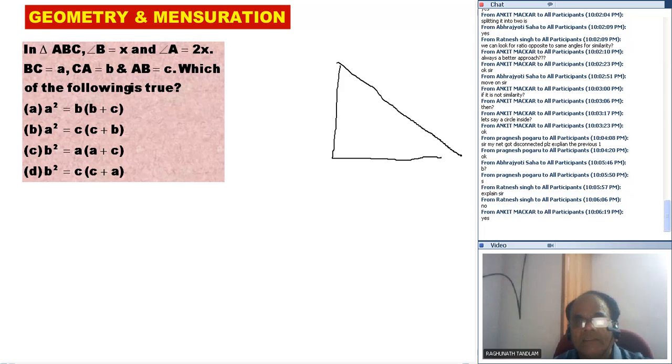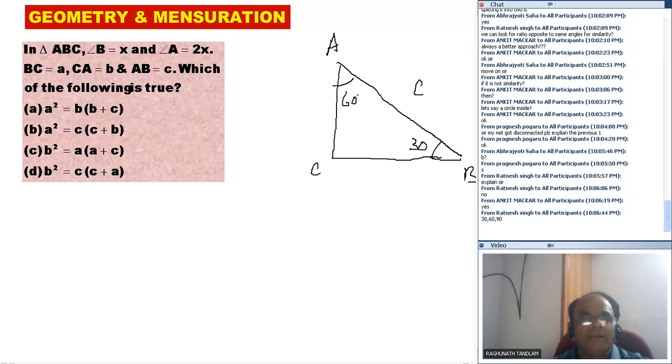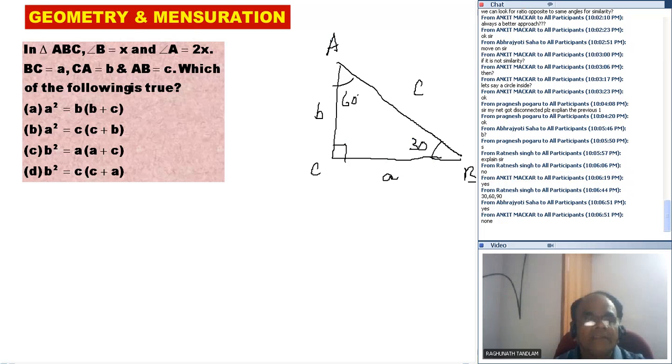This is 30 degrees. This is 60 degrees. This is given as c. BC is given as a. Is it a right angle triangle? Have I written correctly?